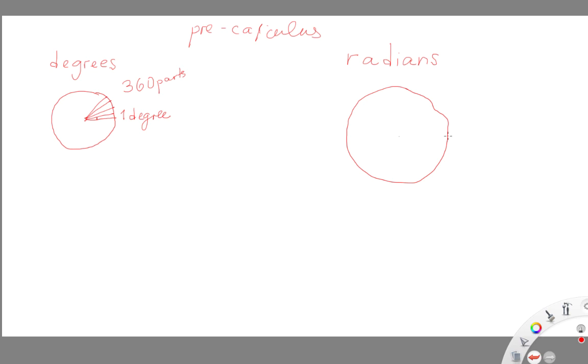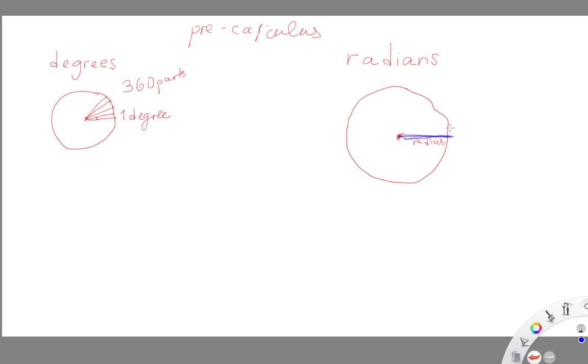Okay, and we measure in the circle the radius of the circle, right? And then we take that radius, and let me use maybe blue. So here's the radius, right, in blue.